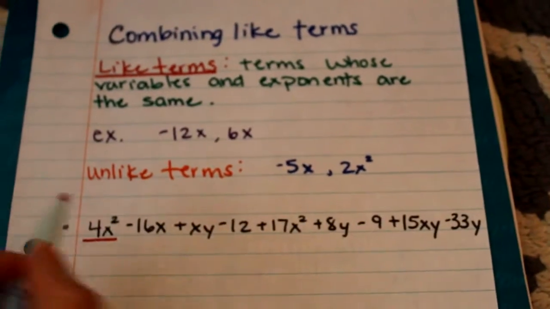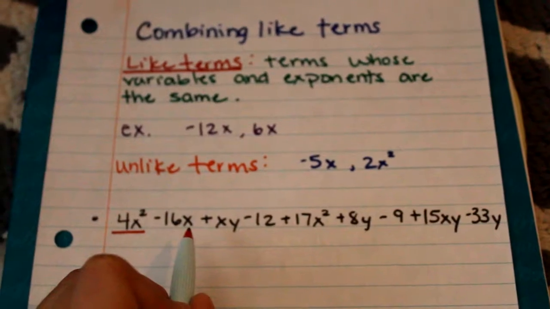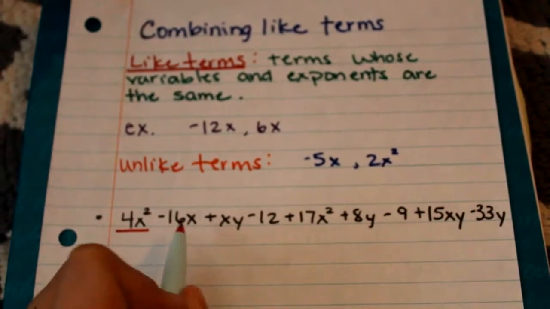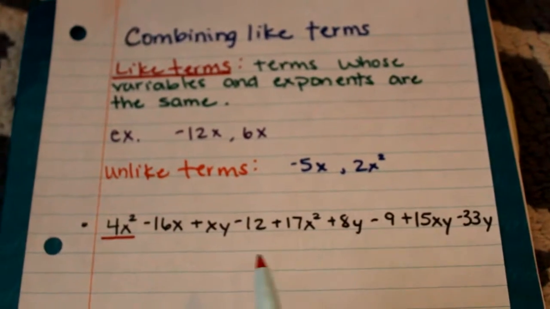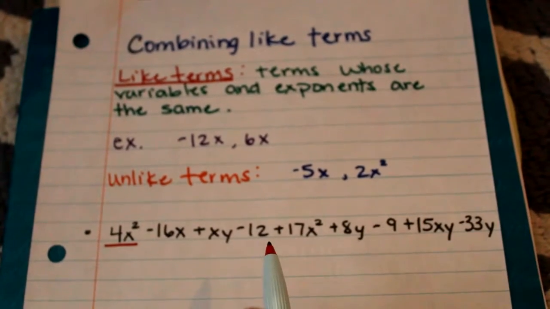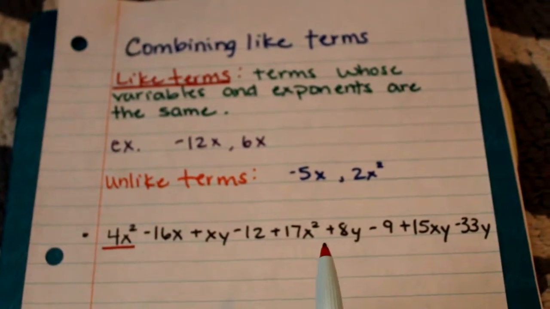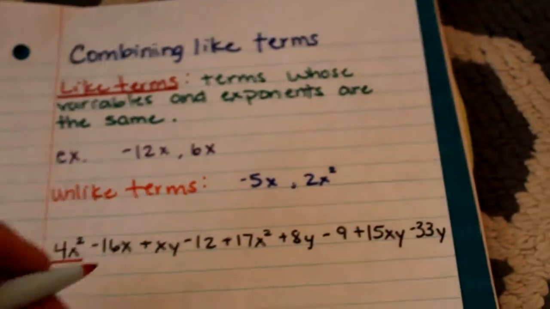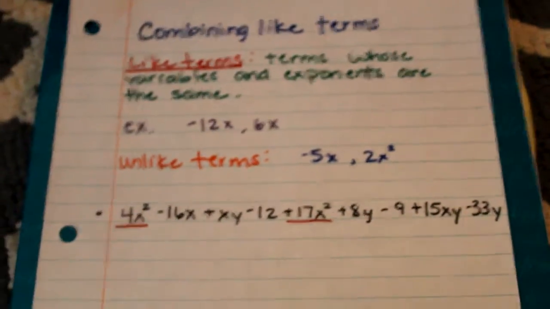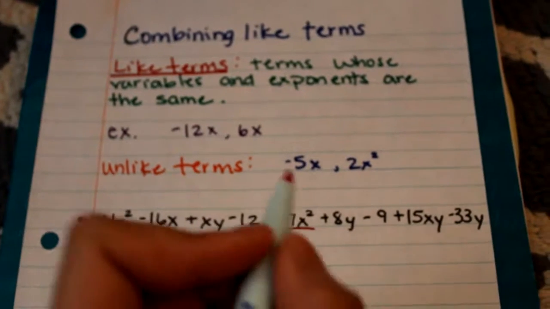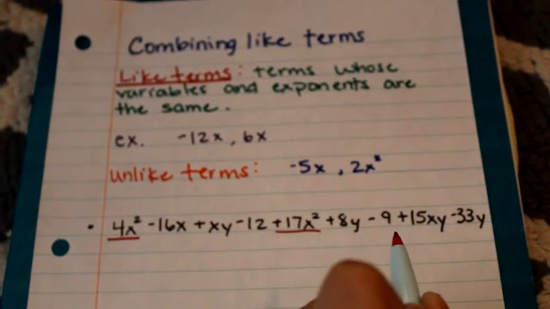So we're looking at our negative 16x. That's an unlike term. Plus xy, that's not a like term. Minus 12, that's not a like term. Plus 17x squared, that is a like term. So we're going to underline it in red, and then we're going to keep going. Plus 8y, not a like term.